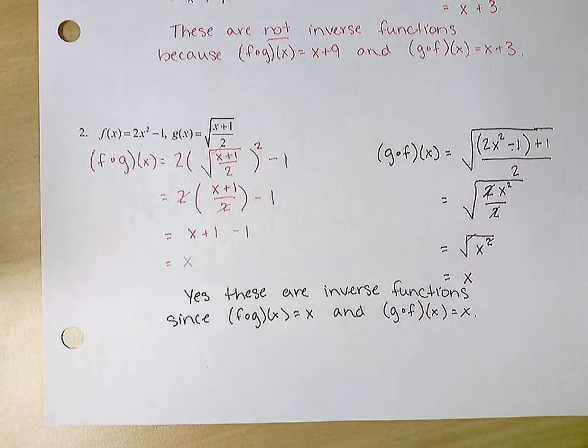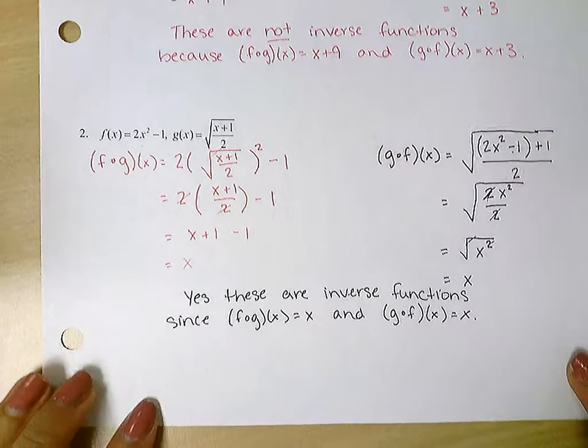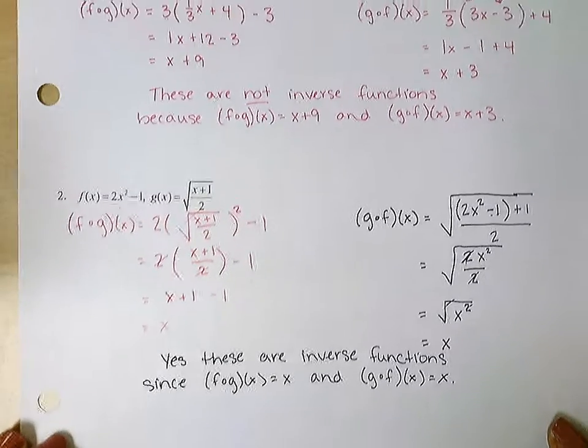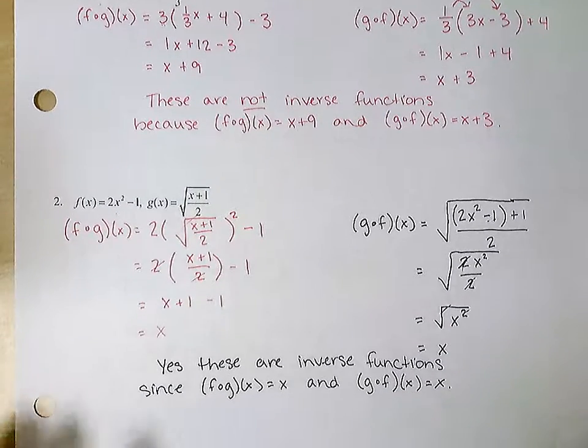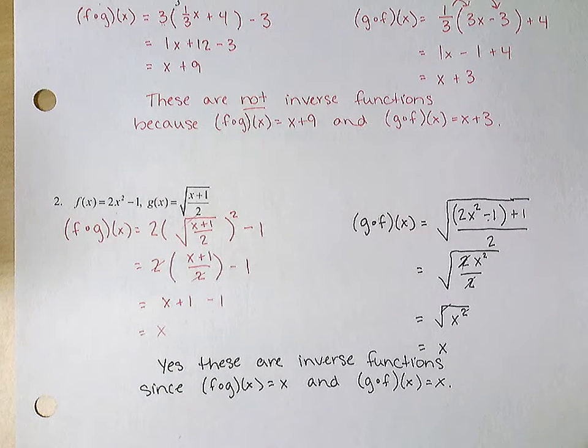Okay, so again, these are inverse functions because once you simplify both compositions down, they do simplify down to just equaling x. Okay, if they do not do that, like our first one up here, these two, then they are not inverse functions. Okay, and that's how we can tell whether or not they are inverses of each other.